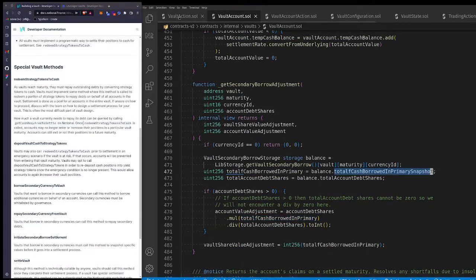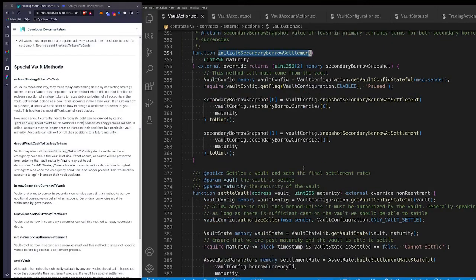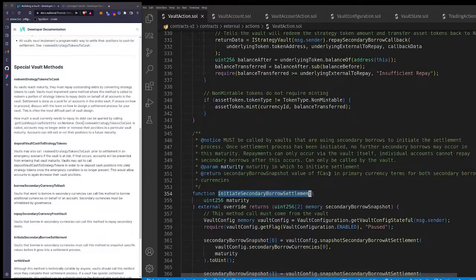That logic is similar to the settlement logic that we have, where we have to snapshot valuations in order to apportion assets appropriately. So vaults will need to call this initiate secondary borrower settlement once in order to begin to complete the settlement process for secondary borrows. And that concludes a discussion of settlement of secondary borrow currencies.